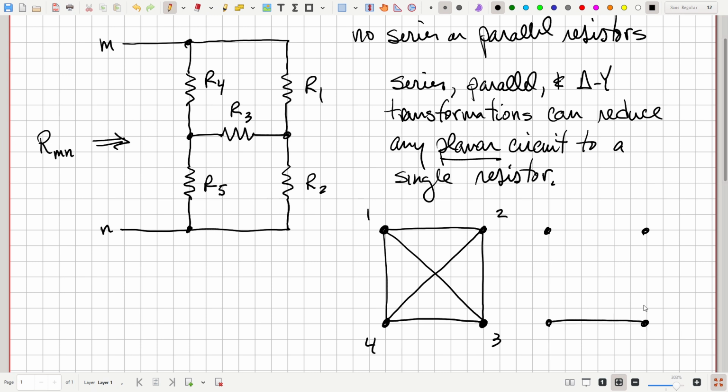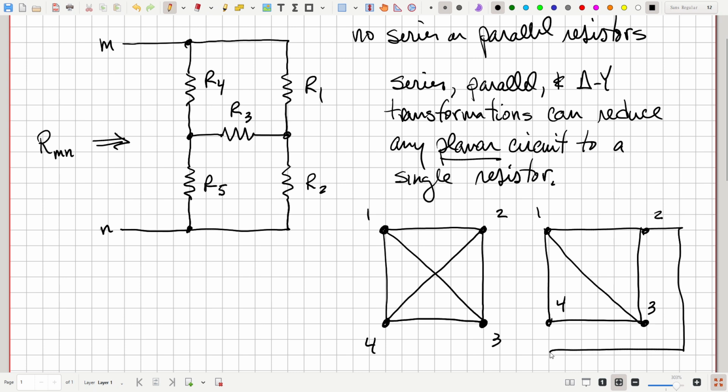I can keep this like so, and this connection, here's 1, 2, 3 and 4. The connection from 2 to 4 I can draw like this. I can redraw it so it does not cross over. So that is a planar circuit.